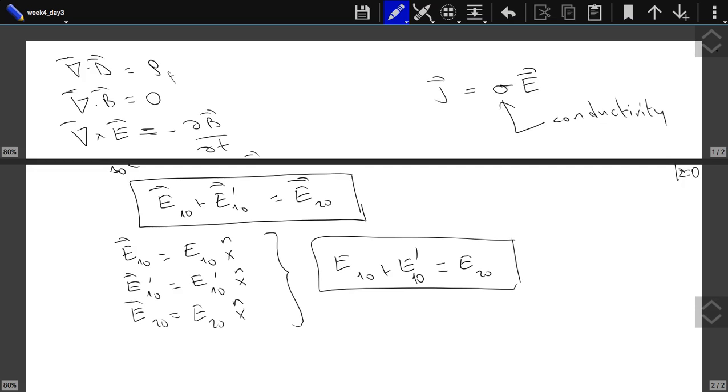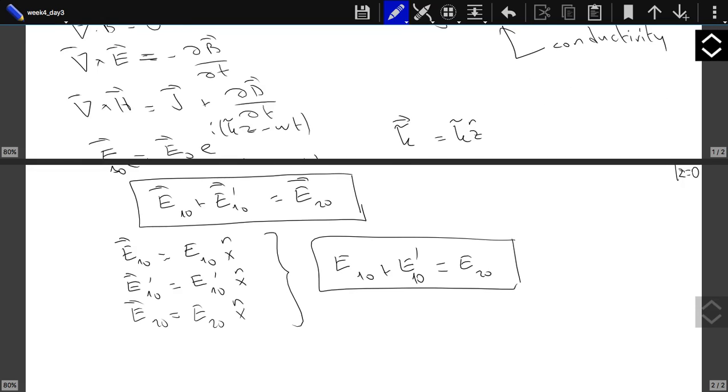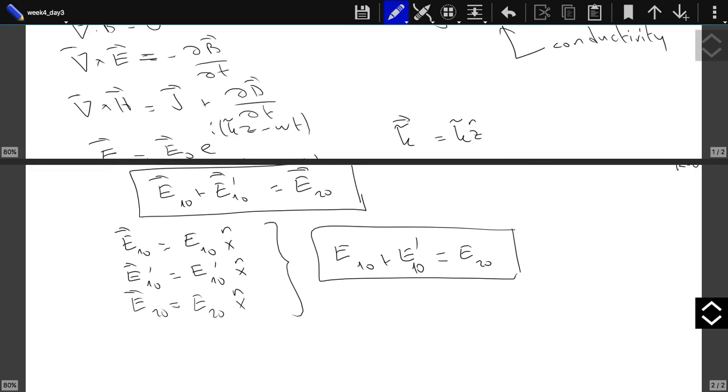Now let's come to the last equation. Curl of H is equal to J plus del D by del t. Now that tells me that the parallel component of H can be discontinuous. It is possible if there is a surface current.